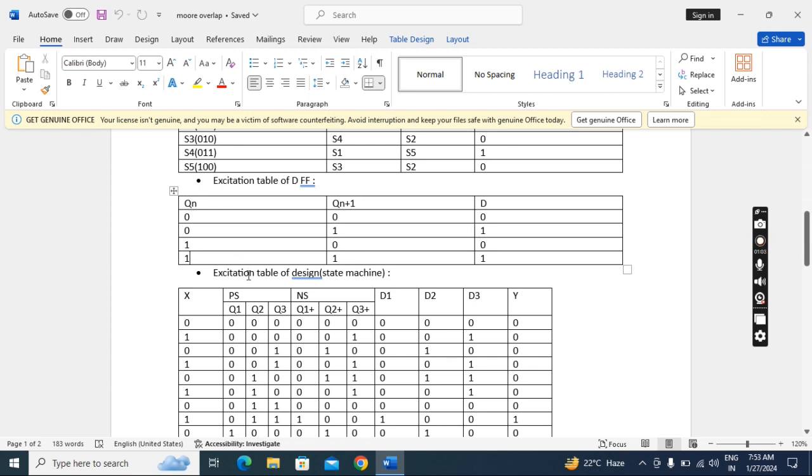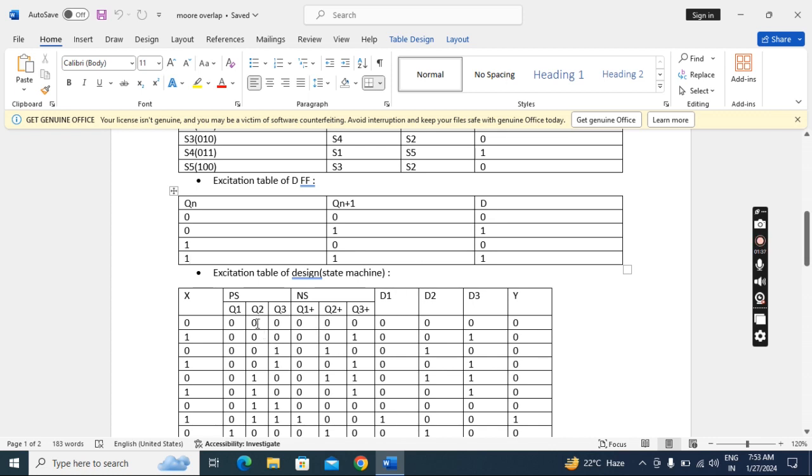Here n is nothing but Q1 or Q2 or Q3, and n plus 1 is nothing but Q1 plus, Q2 plus or Q3 plus. When writing the D1 value, when the present state is 0 and the next state is 0, what is the D value? 0. So if it is Q1 plus, this will become D1, so 0.